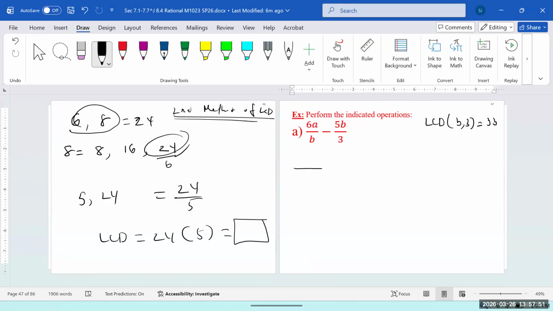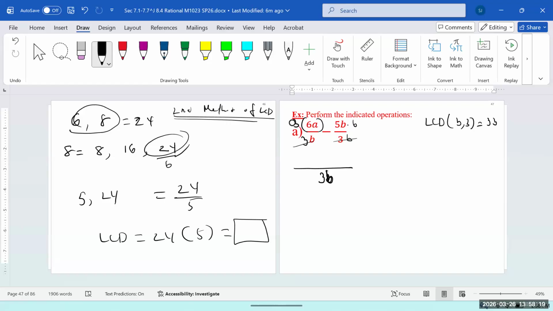So we know our LCD is 3b. That means we want this 3b on all the denominators. So what is missing on the first denominator? 3. So multiply top and bottom by 3. What is missing on the second denominator? A b. So multiply top and bottom by b. And now you're happy. We have 3b, 3b, good.